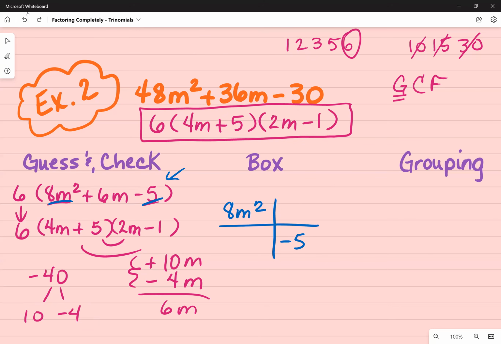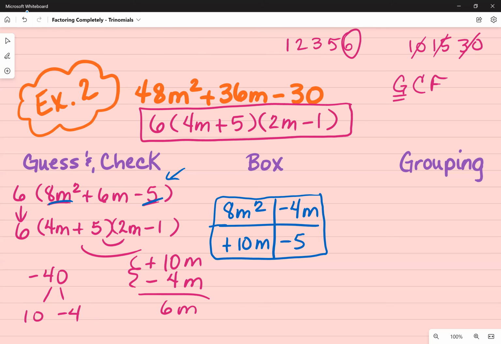And it doesn't matter which box goes where. So I'm just going to put the negative 4 here, but I have to put the m because I'm replacing the entire middle term, 6m, and then I have to put the positive 10m. So together, that's negative 40 if I multiply it, and when I add it, it's positive 6m. So that's my box.